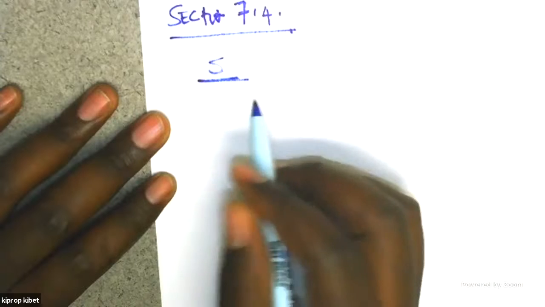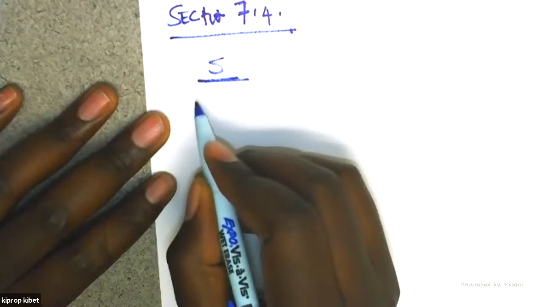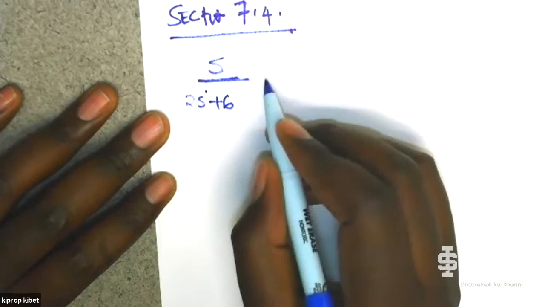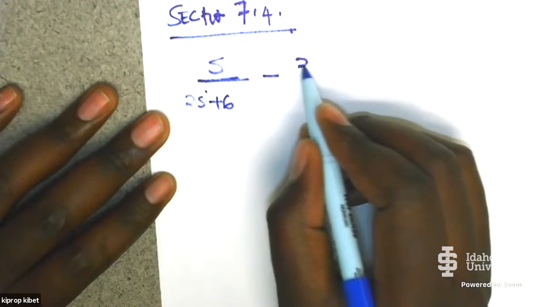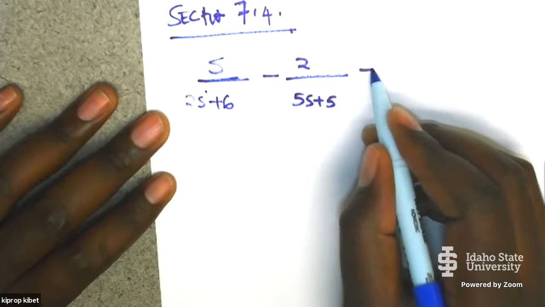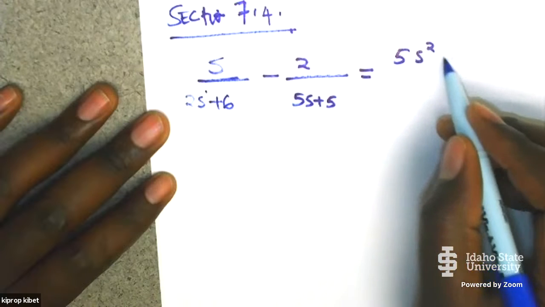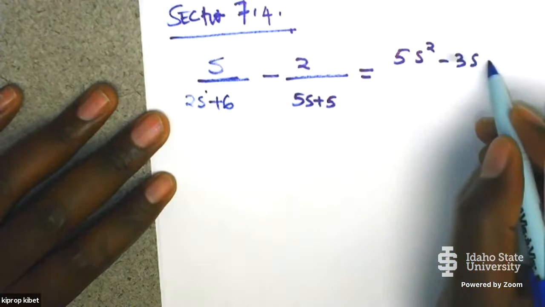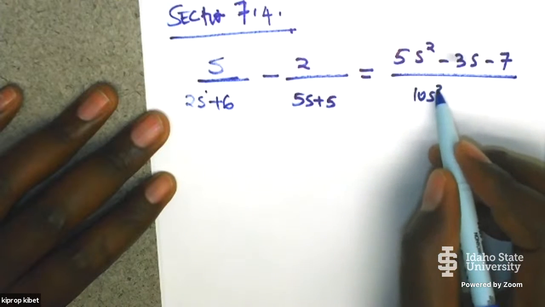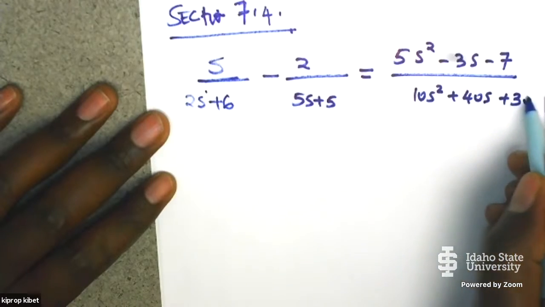s all over 2s plus 6 minus 2 all over 5s plus 5 equals 5s square minus 3s minus 7 all over 10s square plus 40s plus 30.